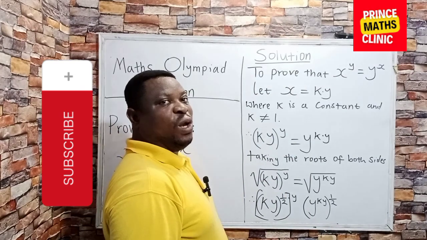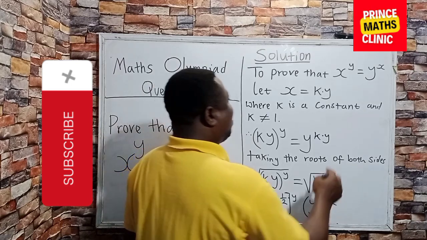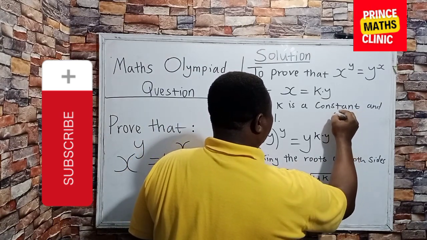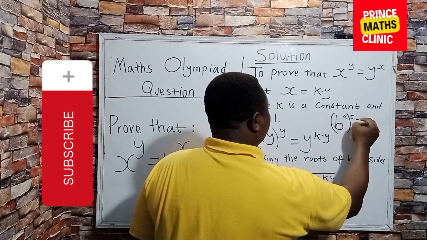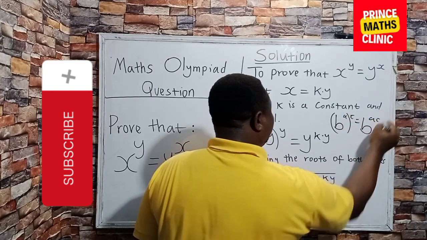And we know from the law of indices that if we have b to the power of a in brackets to the power of c, it will become b, you multiply the powers, which is ac.